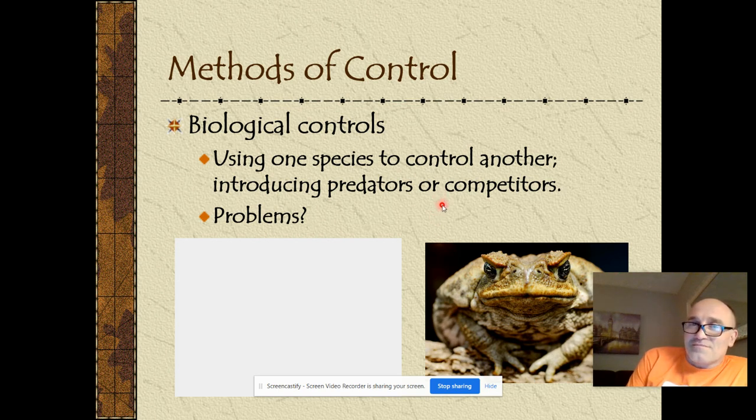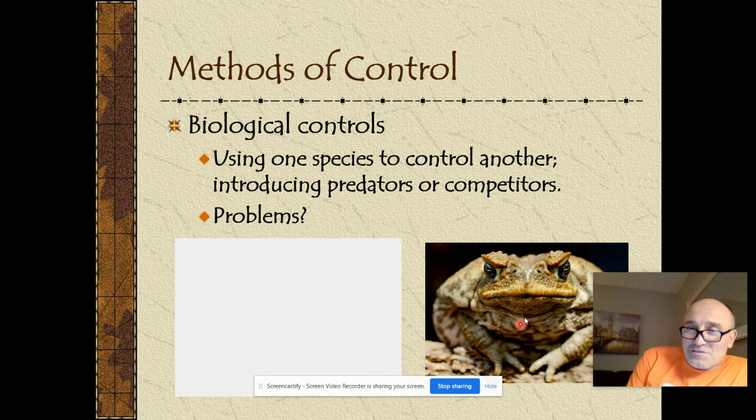So that is a good way to control them if it's safe itself. It avoids using chemicals or all the work of physically removing invasive plants or trying to hunt and kill down invasive animals.